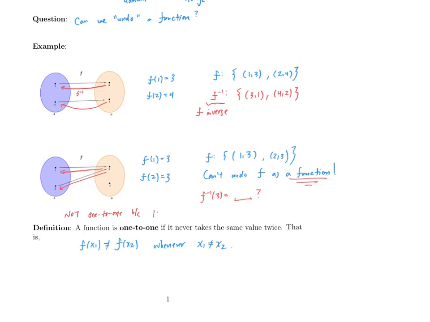Well, because 1 is not equal to 2, which I think we can all agree on, but f of 1 equals f of 2. So you have 2 different inputs with the same output, so not a one-to-one function. And when it comes to determining if a function has an inverse, one-to-one is going to be the key characteristic that needs to be satisfied.